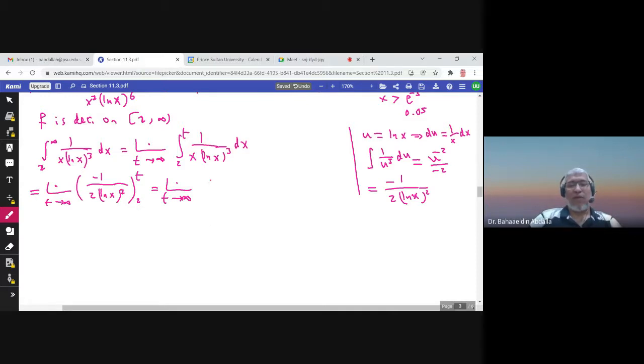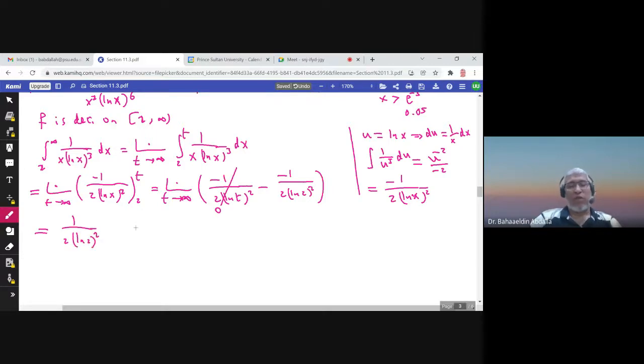So I have negative 1 over 2 (ln t)^2 minus the same at 2, which is (ln 2)^2. Now ln infinity is infinity, infinity squared is infinity, negative 1 over infinity is 0. So the answer is positive 1 over 2 (ln 2)^2.